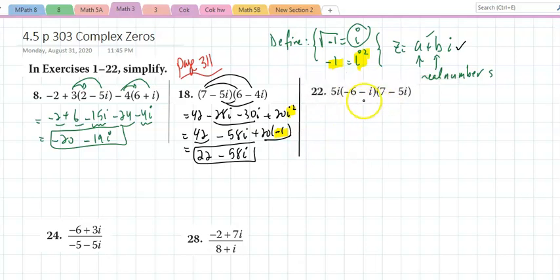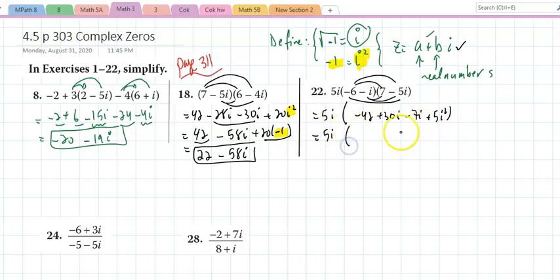And if I multiply those, I could do this any way I like. Let me multiply those first. So that is 5i times -42 plus 30i minus 7i plus 5i squared. That is 5i times -42.